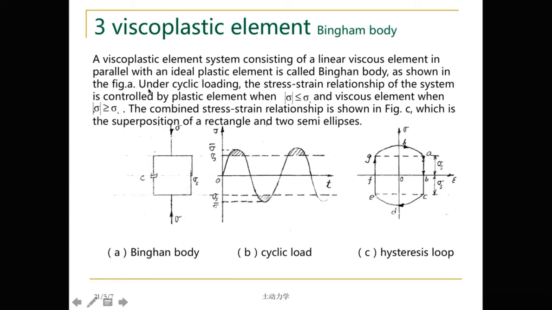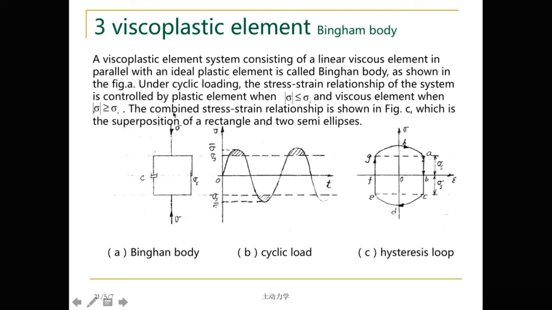Under cyclic load, the stress-strain relationship of this system is controlled by the plastic element when load sigma is less than strength, and by the viscous element when sigma is larger than sigma s. They have different behavior.